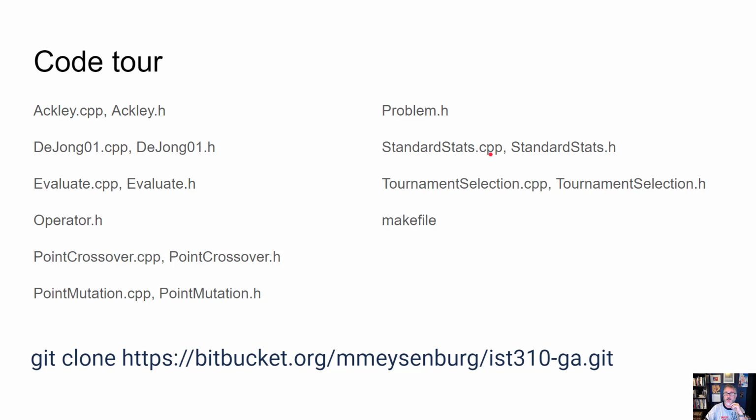There's also a standard stats operator, which is used if you want to see the best, worst, and average fitness on a generation by generation basis. We won't be using that when we do our MPI runs. And then we have our abstract classes: operator.h, which is the root of all the operators, and problem.h, which is the root class of our sample programs, and of course a makefile.